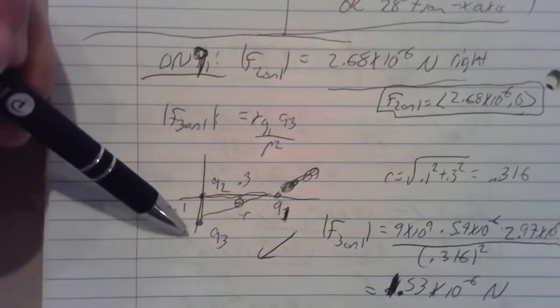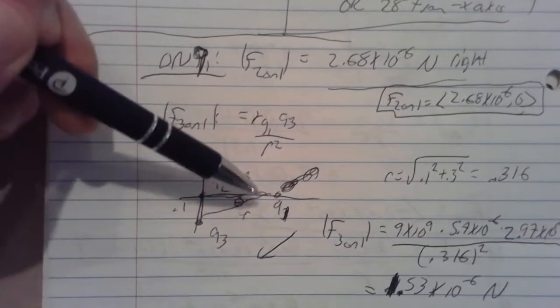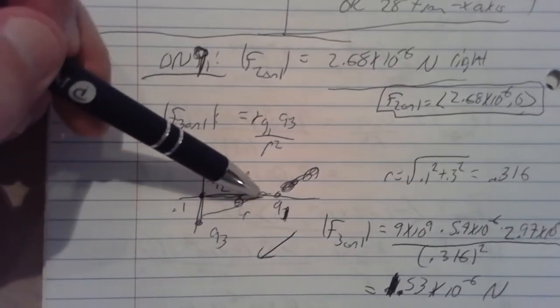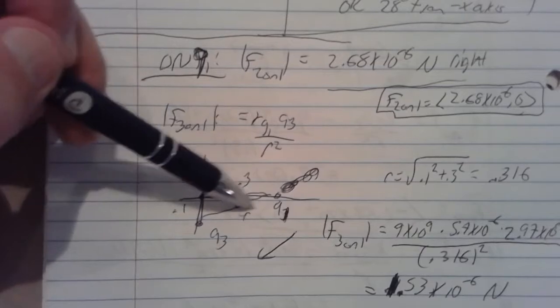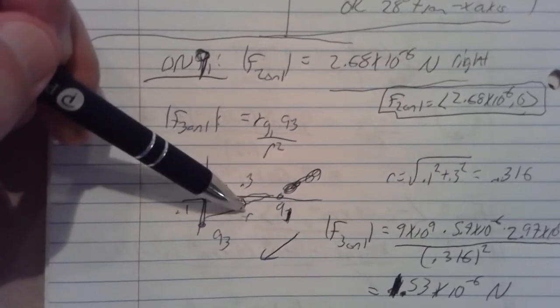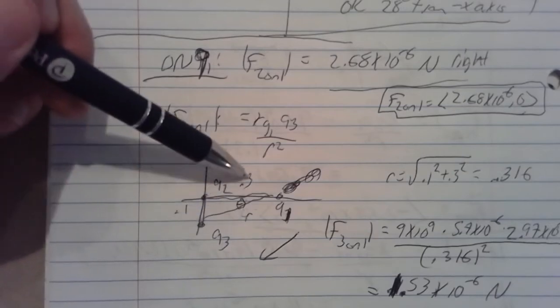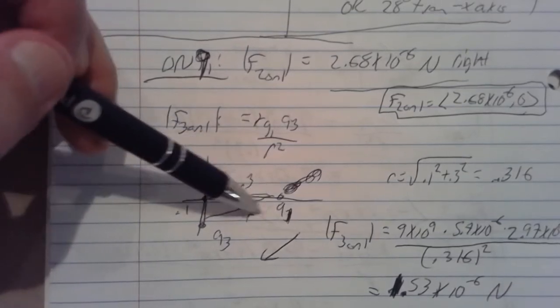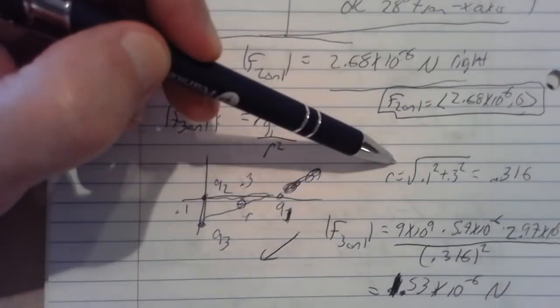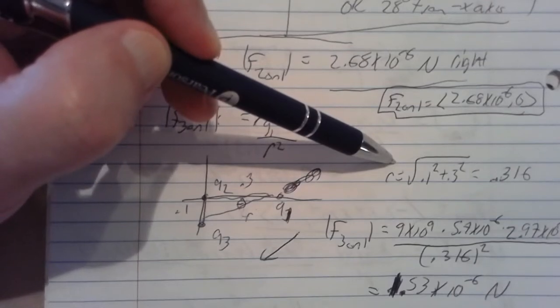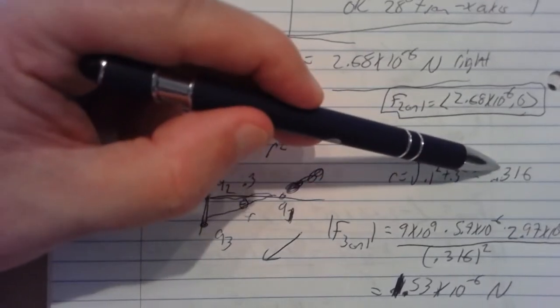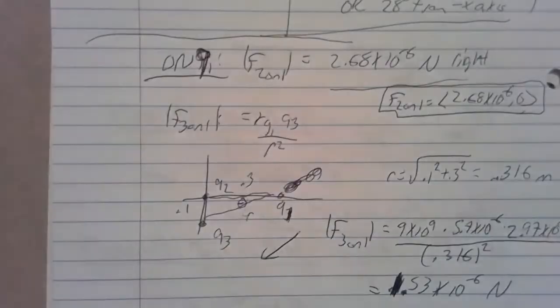For 3 on 1, remember these are opposite charges, so they'll be attracted. Our force will be down at this little angle here. We need to find this distance. So we have to use Pythagorean on this right triangle to get the distance, square root of x squared plus y squared. We get about 0.316 meters.